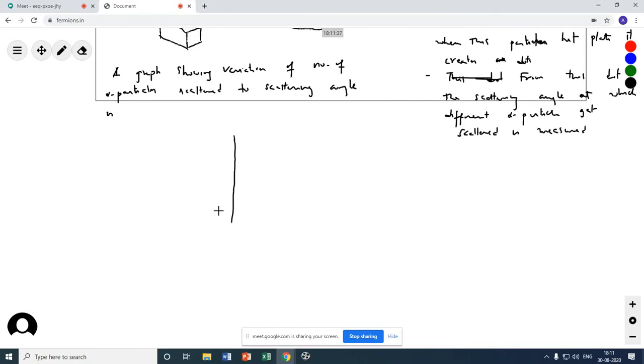You see it decreases. So what do you see?